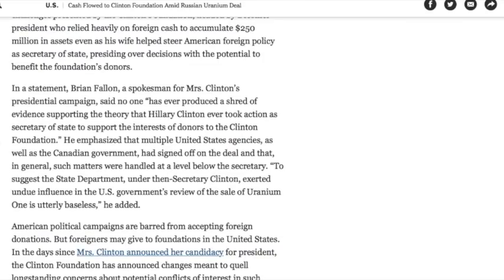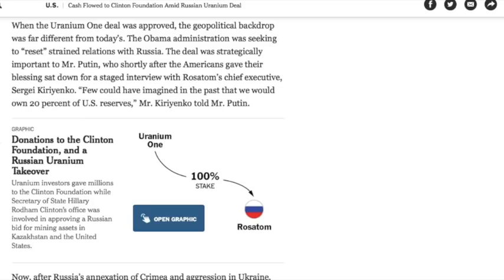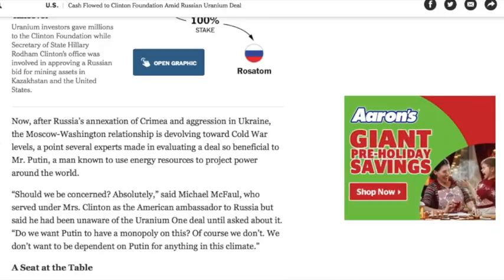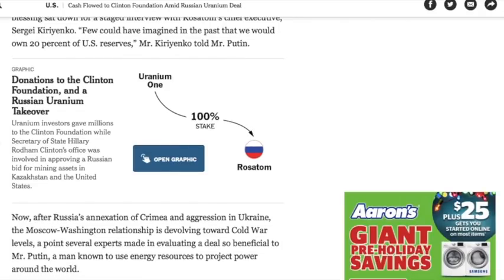But the point is that this was another one of these scams where they're utilizing their public office for private profit, right? That's the basic, most simple level of the scam here. But I want to point out that this is where it starts to tie into Hollywood.